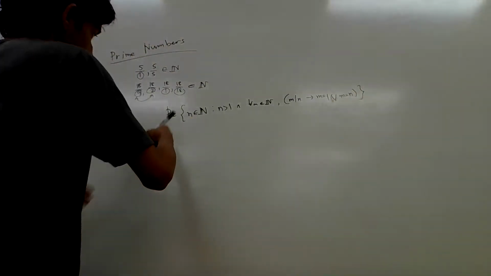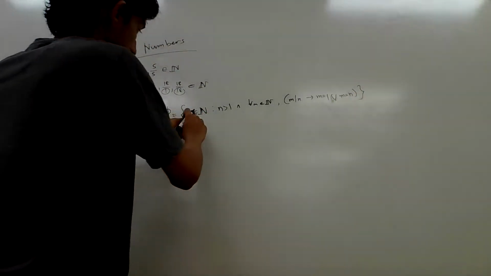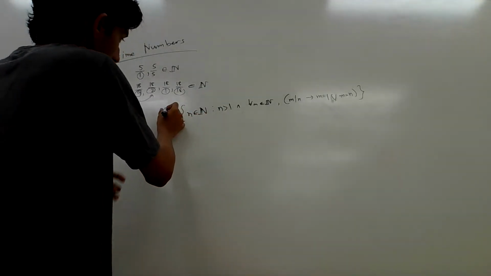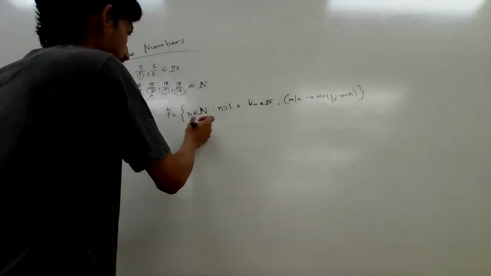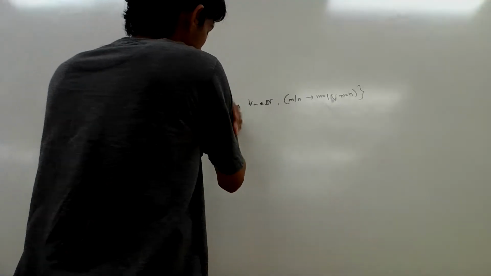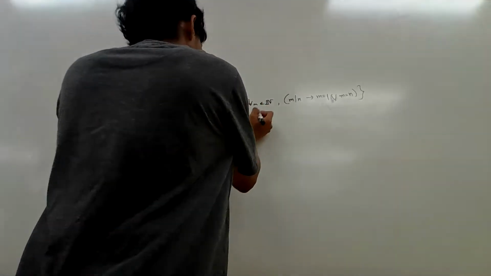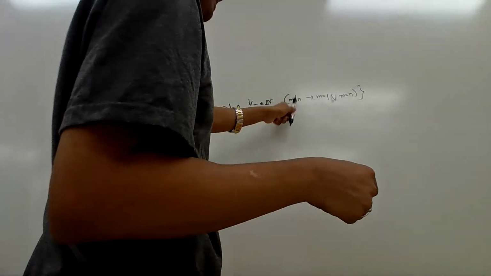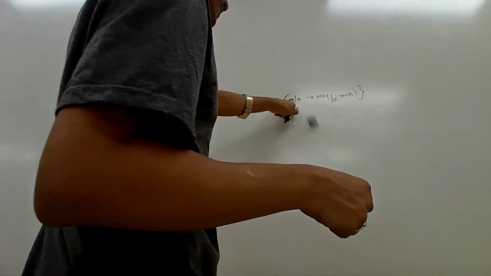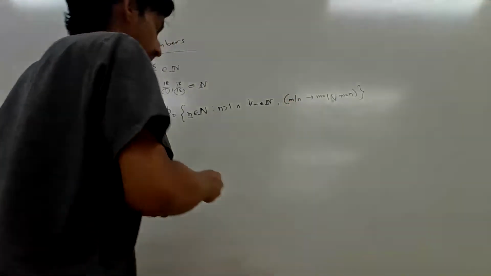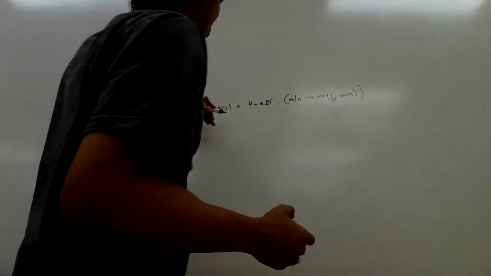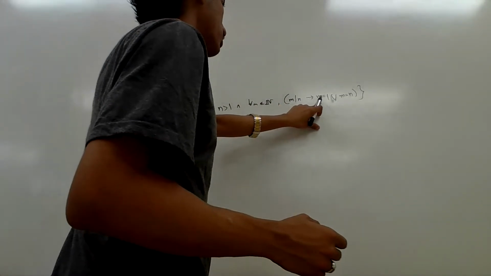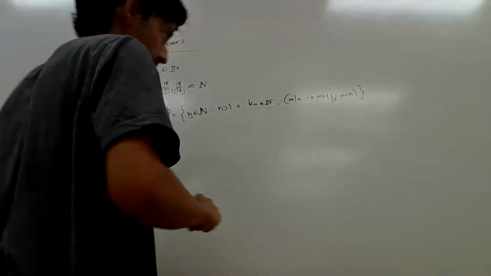What this basically means is that a prime number is defined as n. All the elements in the set called primes will be defined as the element n, which is greater than 1. And for all m in the natural numbers, if m divides this small n, that m needs to be either 1 or n itself.